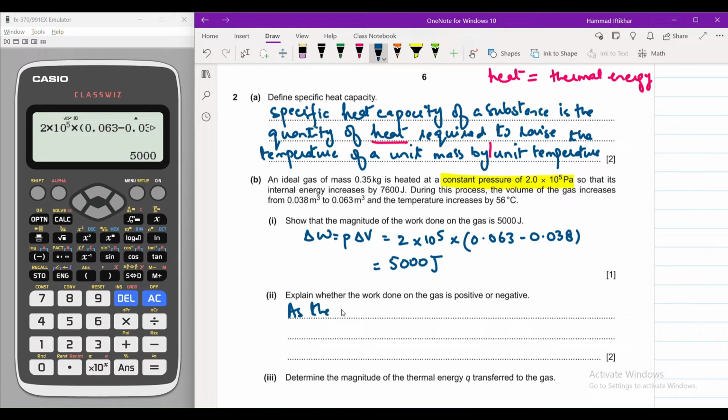As the gas is expanding against external pressure or against atmospheric pressure, it's doing work against external pressure.